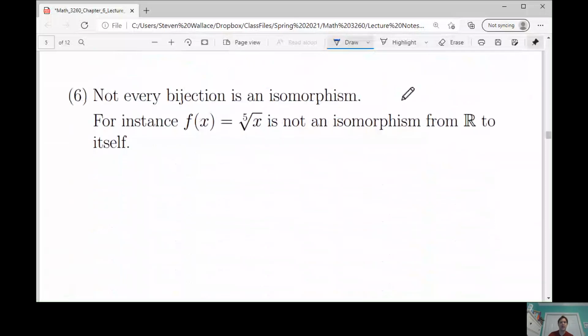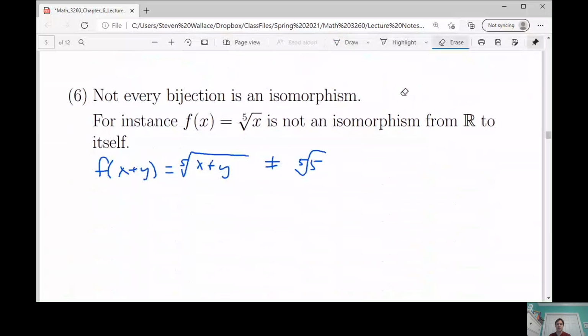All right, not every bijection will be operation preserving, right? So here's an example where f of x plus y is equal to the 5th root of x plus y, but that's not equal to the 5th root of x plus the 5th root of y for any non-zero choices of x and y.